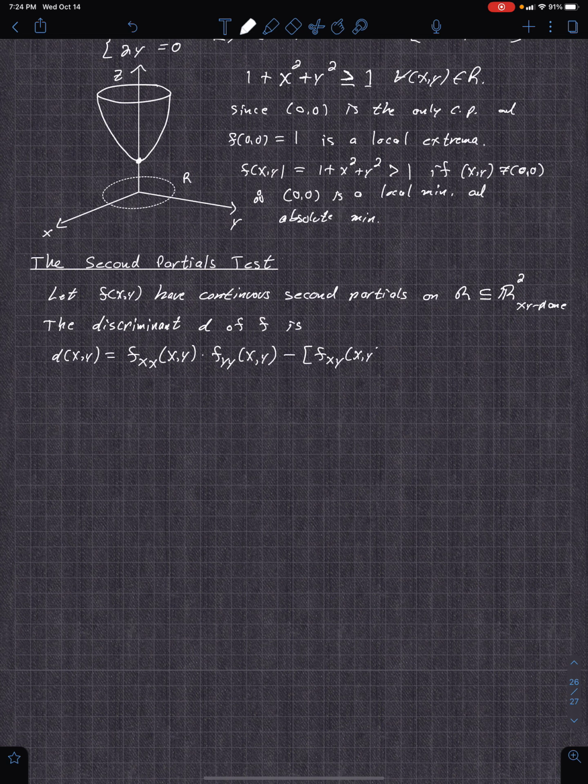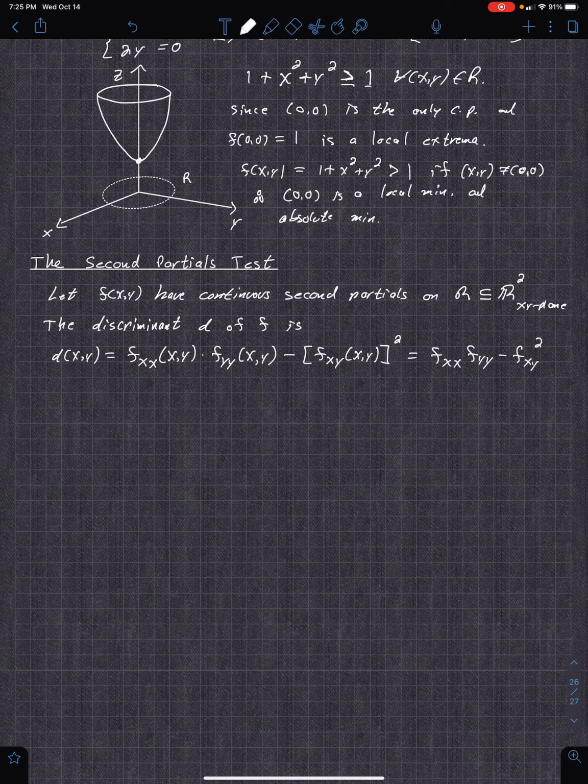And as you know, it doesn't matter the order you do the mixed partials, but usually you just do x then y. So you can leave off the evaluated part (x,y) and just remember it like this: fxx fyy minus fxy squared.